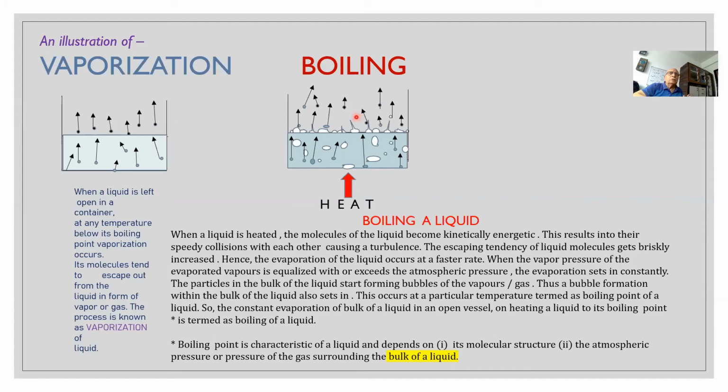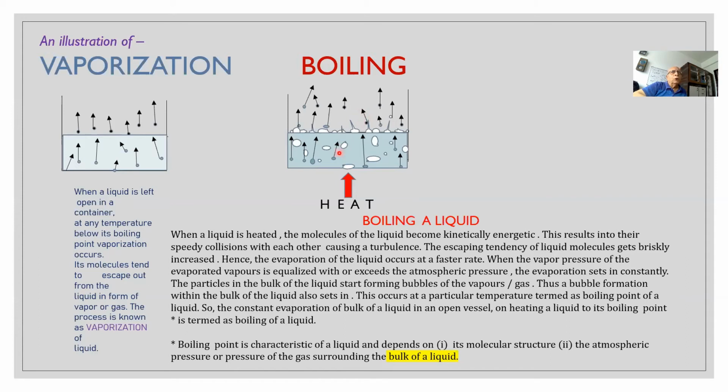But boiling occurs only till a particular stage, a particular condition. Only then will bubble formation and continuous escape of the molecules occur in the form of vapors or gas.